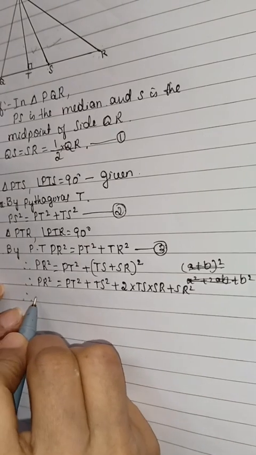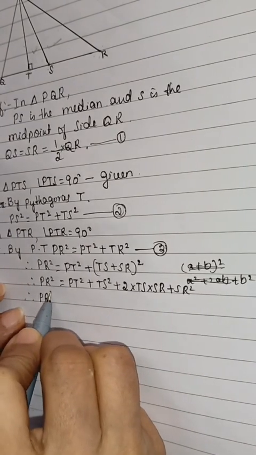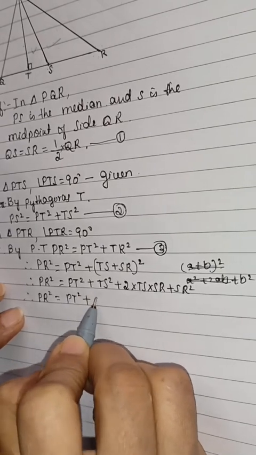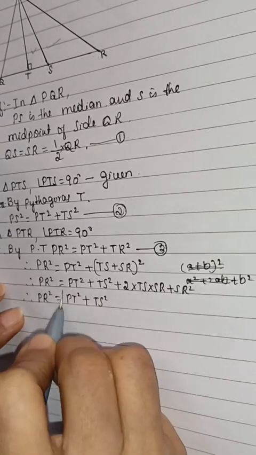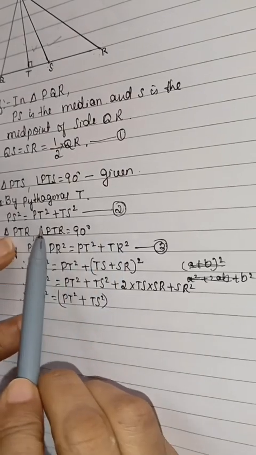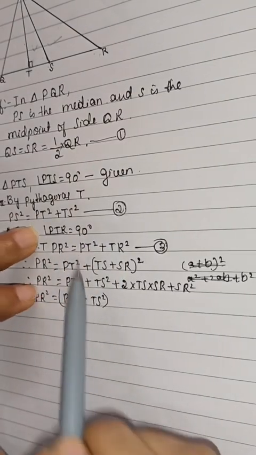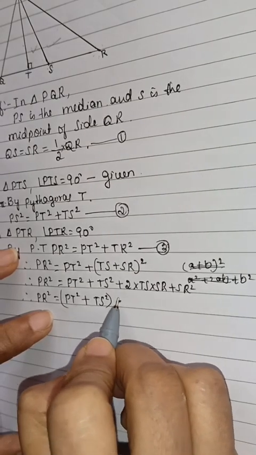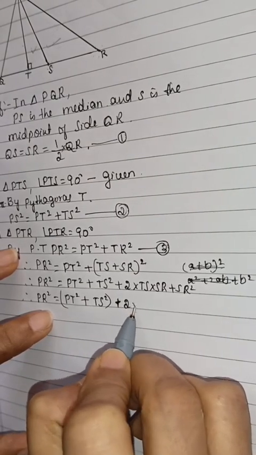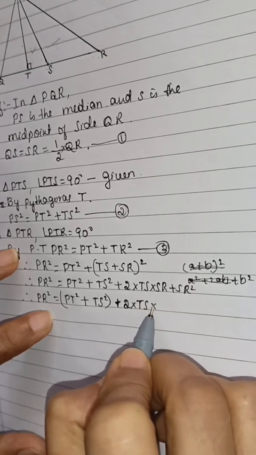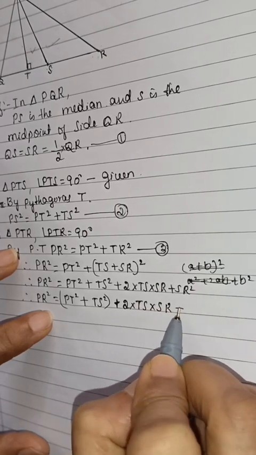Therefore, PR square equal to PT square plus TS square, because PT square plus TS square is equation number 2. Then write 2 into TS into SR plus SR square.